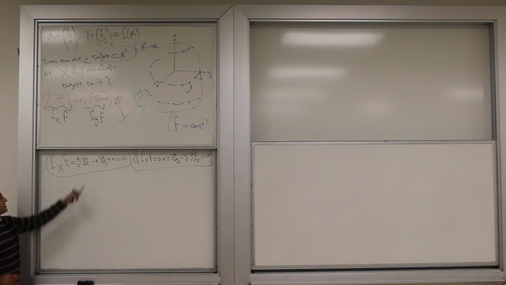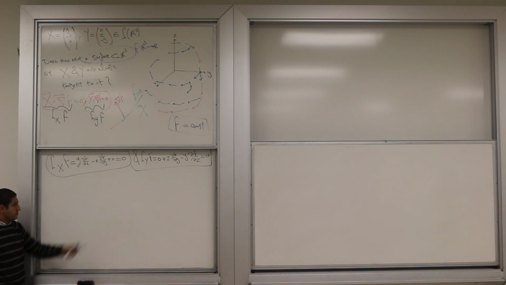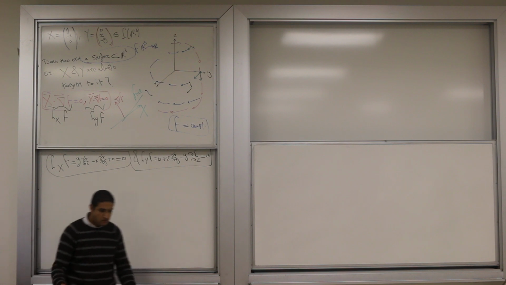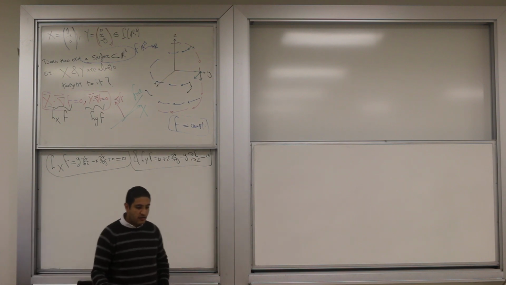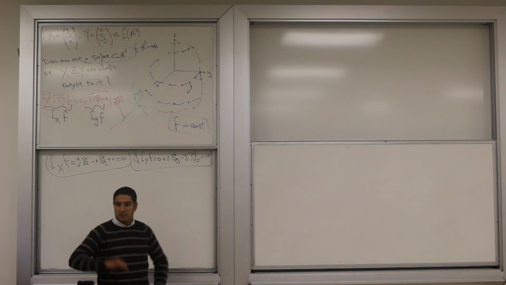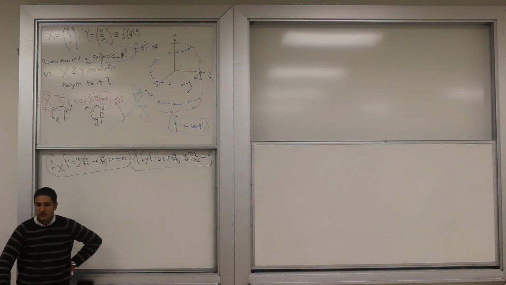What type of equation is this? Differential equation? Partial differential? Yes, it's a partial differential equation, right? So the question that we posed is that, starting with two vectors, will they always remain tangent to some surface embedded in the higher dimensional space or not?